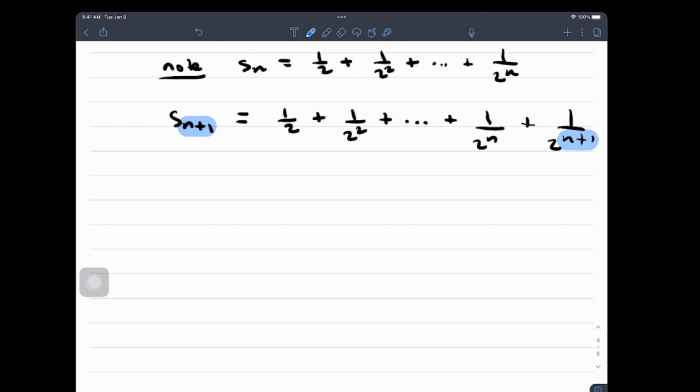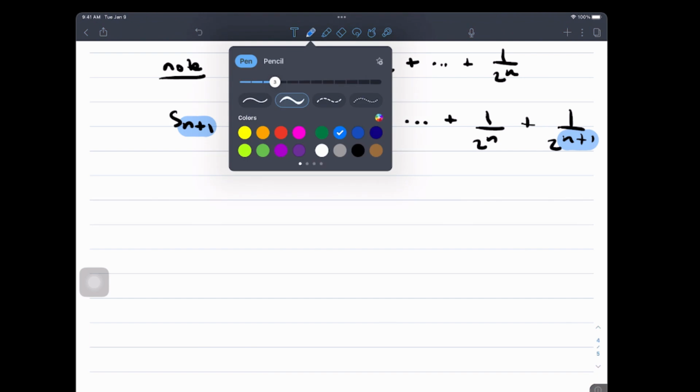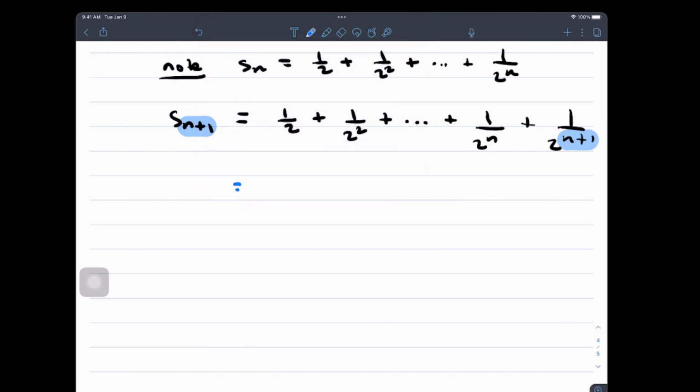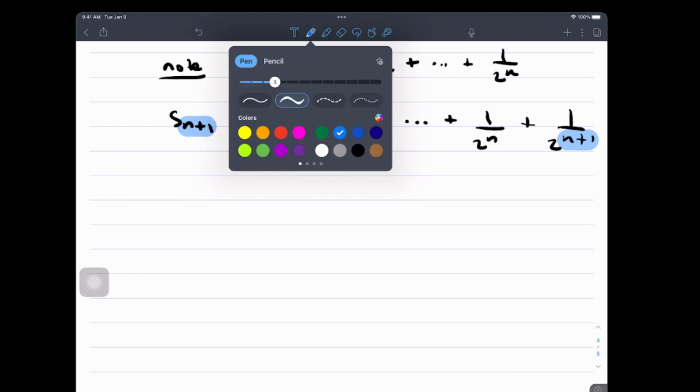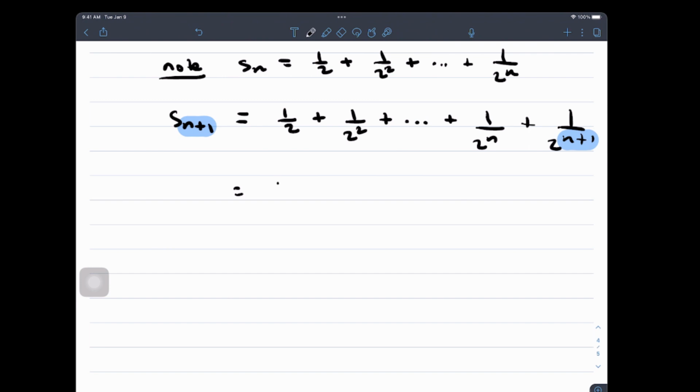What are we going to do now with this? I want you guys to notice this is going to equal this portion right here.